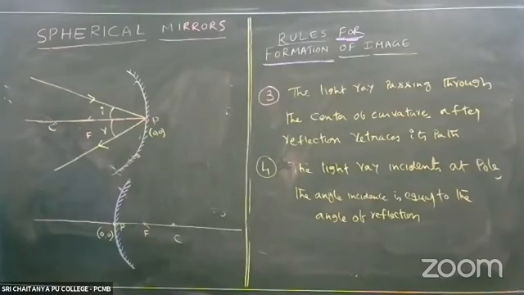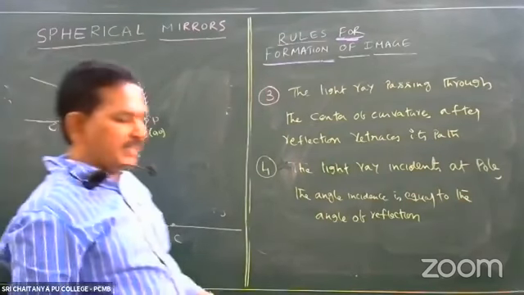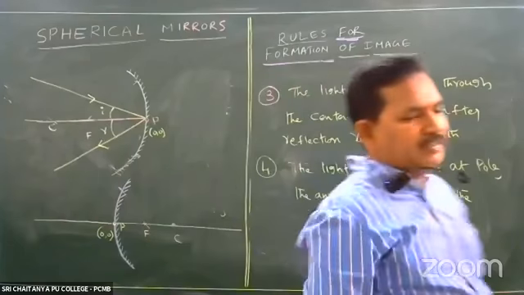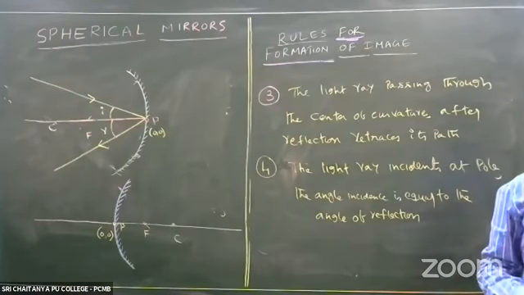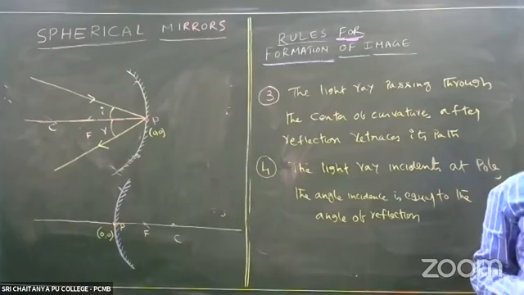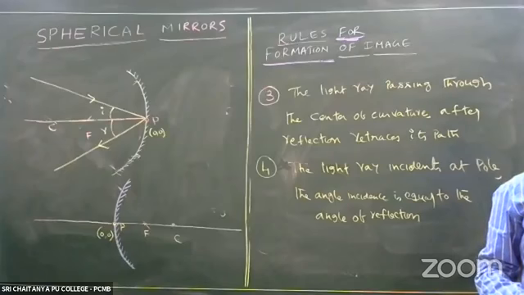The ray diagram will become clumsy. Any two rules is enough. First one, second one, first one, third one, first one, fourth one, any two. After reflection, these two light rays are going to meet at a point, and at that point the image will be formed.